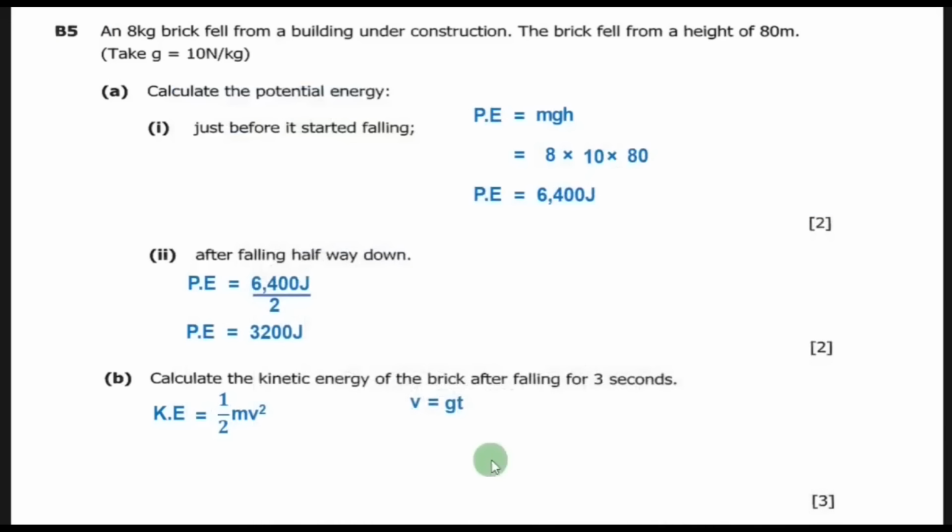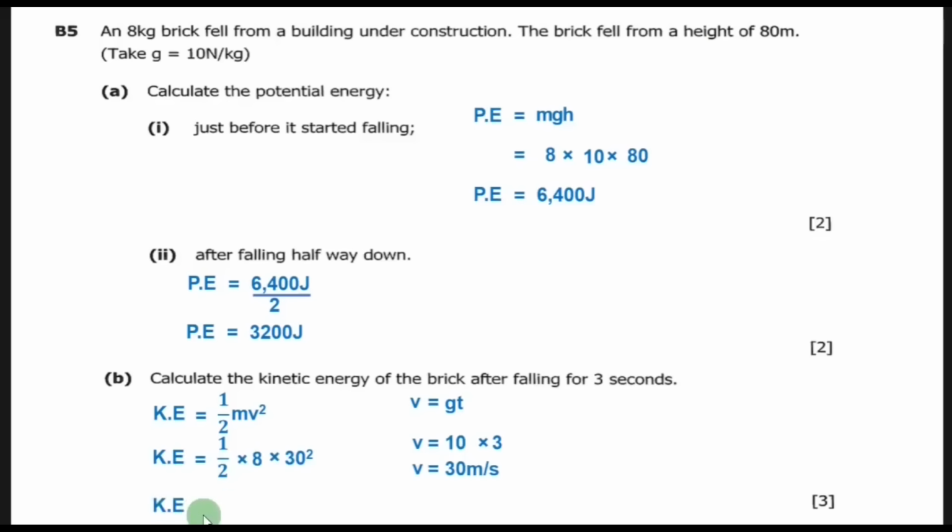So now this is the formula. So we're going to say v is equal to acceleration due to gravity, 10, times t, which is time, 3, which will give us v is equal to 30 meters per second. So we know velocity, so kinetic energy is going to be equal to half times mass, which is 8, times velocity, which is 30, squared.